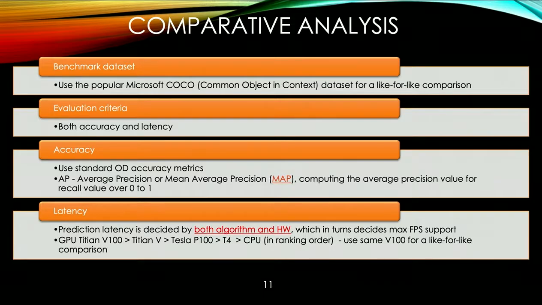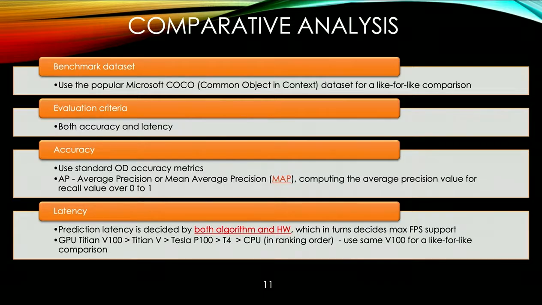For latency, the prediction latency is decided by both the algorithm and the hardware, which in turn decides the maximum FPS supported. FPS stands for frames per second, that is the video frame rate. Real-world video FPS typically ranges from 30 to 100.